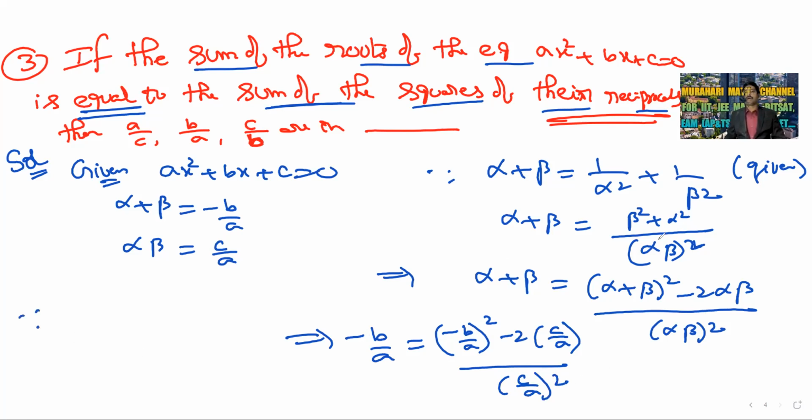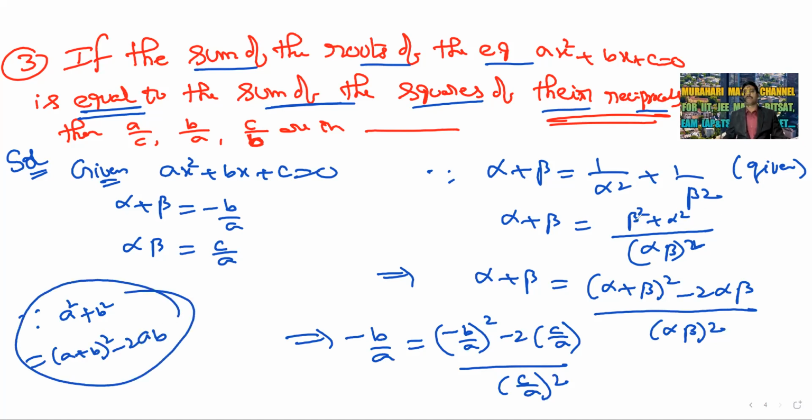Alpha square plus beta square is in the form of a plus b whole square minus 2ab, where the alpha plus beta and alpha beta values are given, by direct substitution.